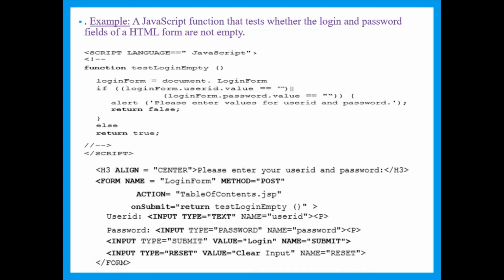If it is null, then I am going to display a pop-up message, please enter value for user ID and password, with the help of an alert method. If it is not valid, it is going to display the pop-up message and return the false value. If it is not, then it is going to return true.